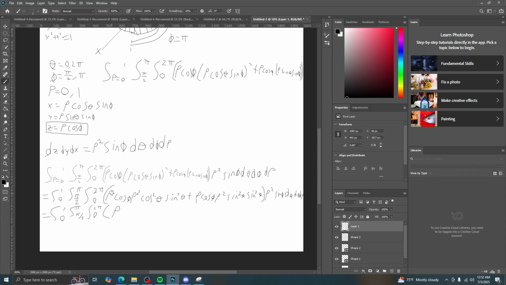So then we're combining these two rhos here. It's all in this term, so this is gonna become rho cubed cosine phi times cosine, and if you remember, these cosine phis are from the z. Cosine squared theta times sine squared theta.